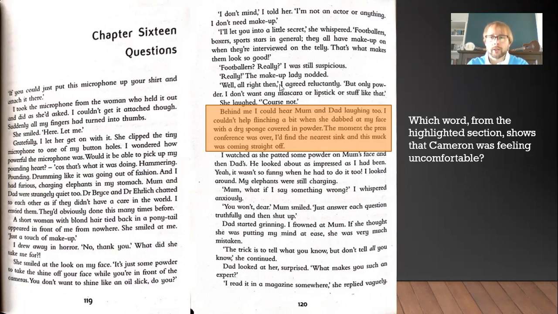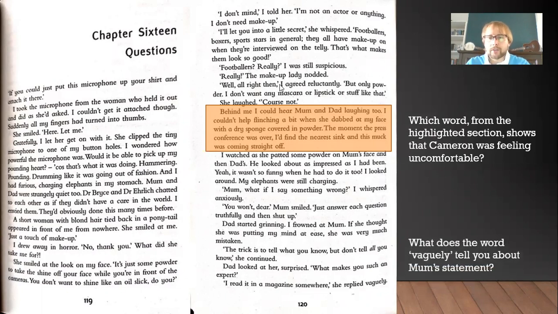Which word from that highlighted section shows that Cameron was feeling uncomfortable? So your answer will read the word from the highlighted section showing that Cameron feels uncomfortable is, and then mum, for example. That's wrong, don't write mum, but that's my example.